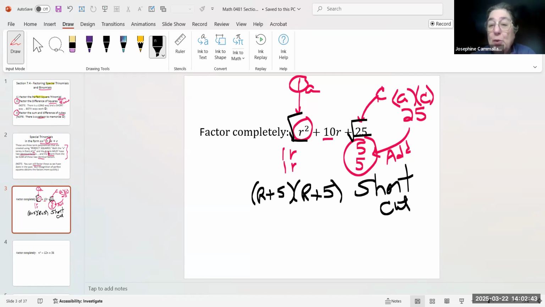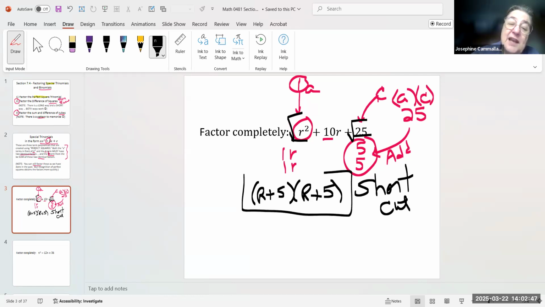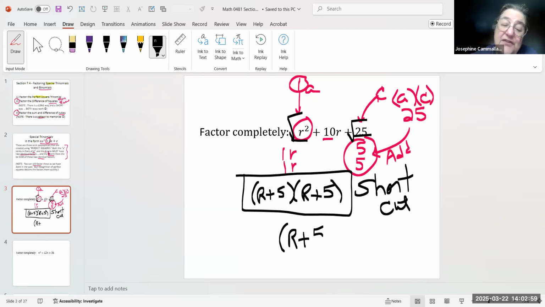Squares is the square root. So this is our answer. And if you FOIL it, we're going to go back to what we got. But also know that this answer can be written r plus 5 squared, because I got two identical ones.